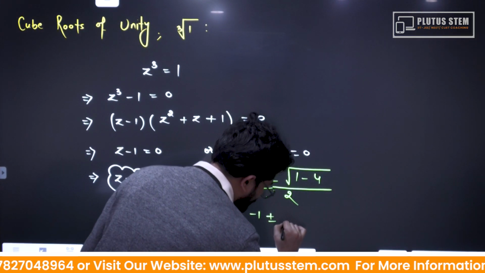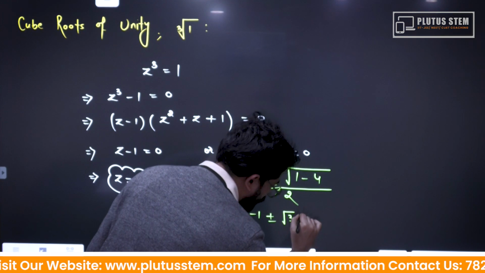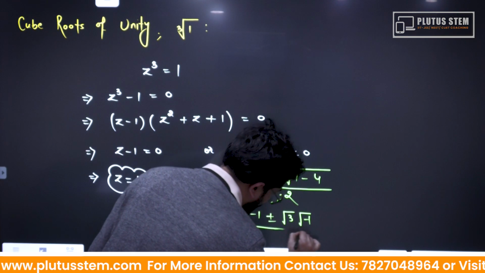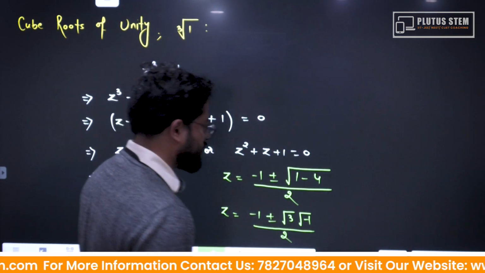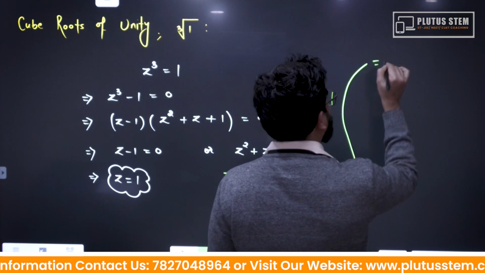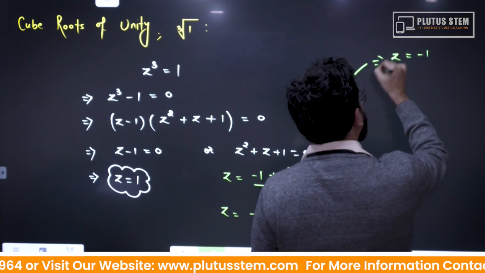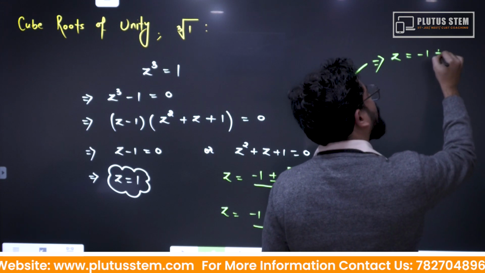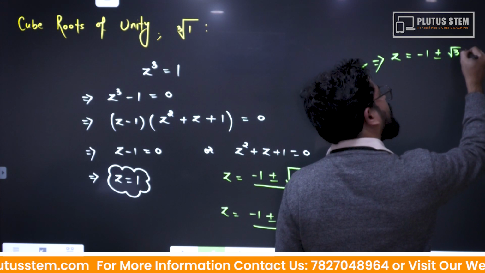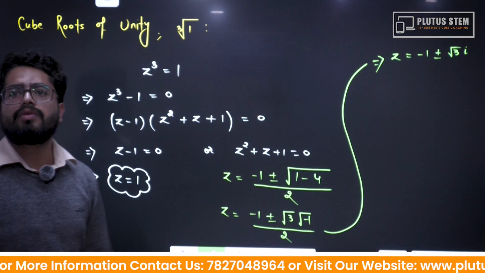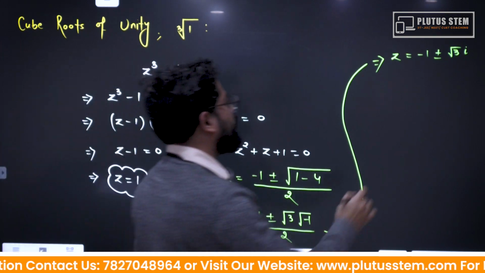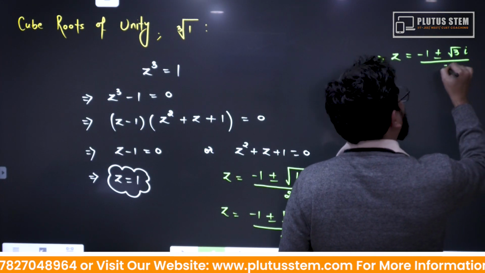Under root of minus 3 can be written as under root of 3 into under root of minus 1. So z is equal to minus 1 plus minus root 3 into iota, divided by 2, since root over minus 1 is iota.